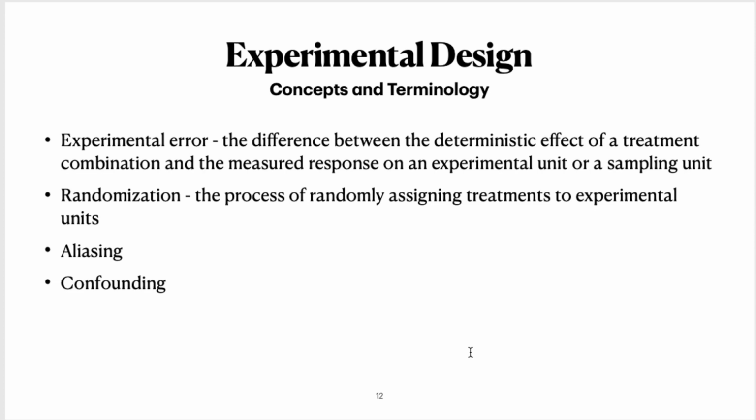And then there are a few other terms that I'll throw out there at this point, but I'm going to hold off on defining them until we get into the appropriate sections. One term would be aliasing, and the other term would be confounding. We're going to be looking at those and defining those terms in context.